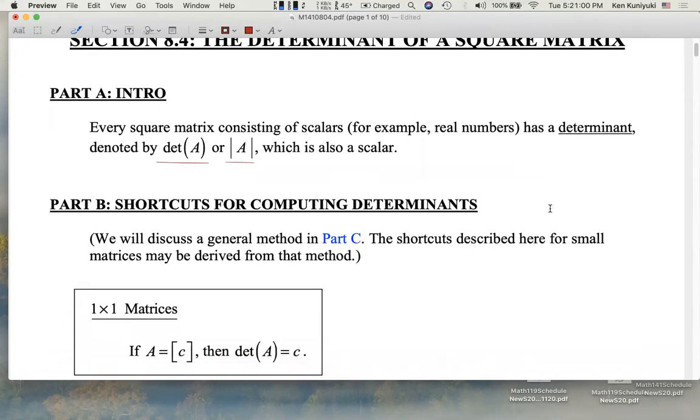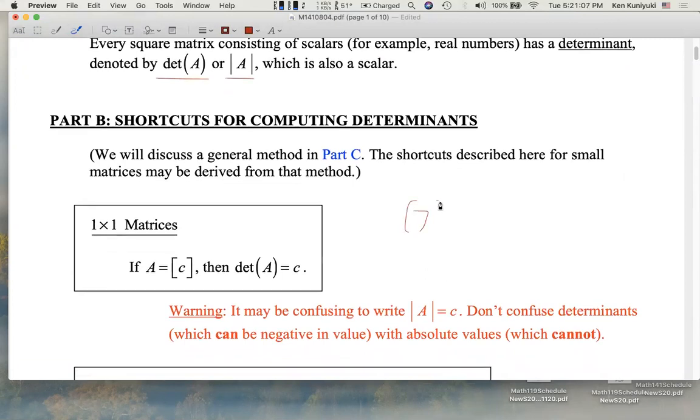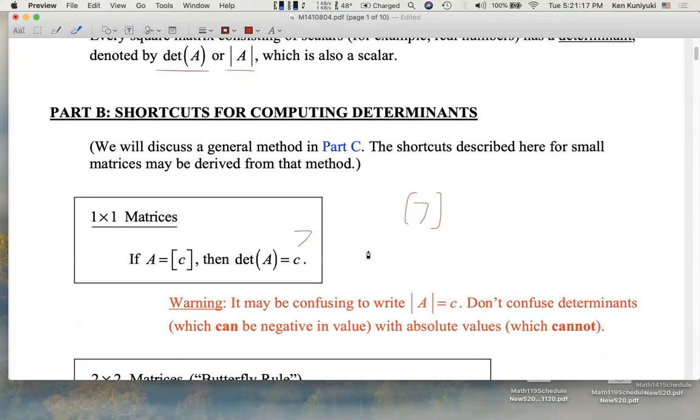All right, some shortcuts. Well, not surprisingly, if you have a 1-by-1 matrix, the determinant will be the entry. So if A is the matrix consisting of 7, the determinant of A would be 7. This is where the absolute value confusion can come in, because if, for example, the entry is -7, then the determinant would be -7.